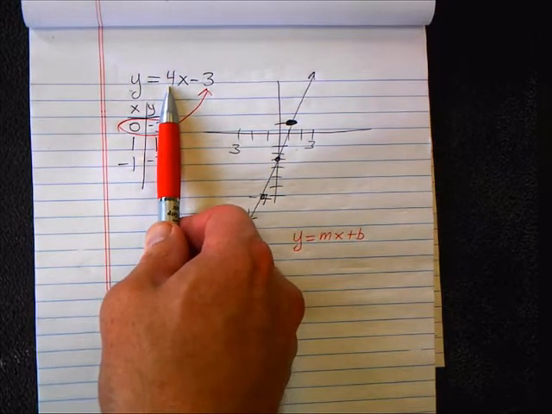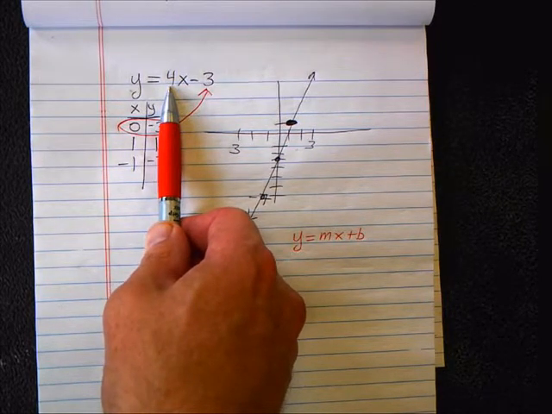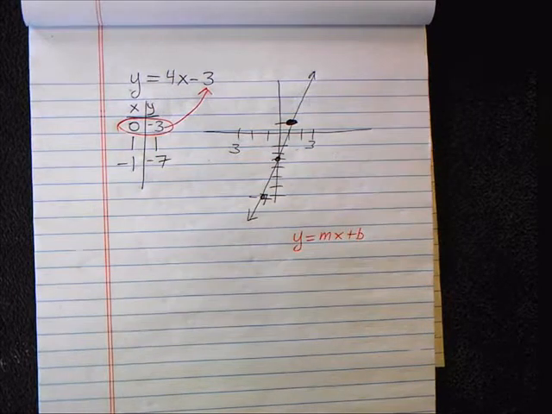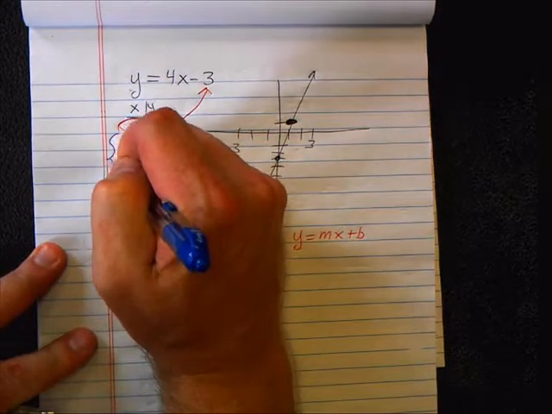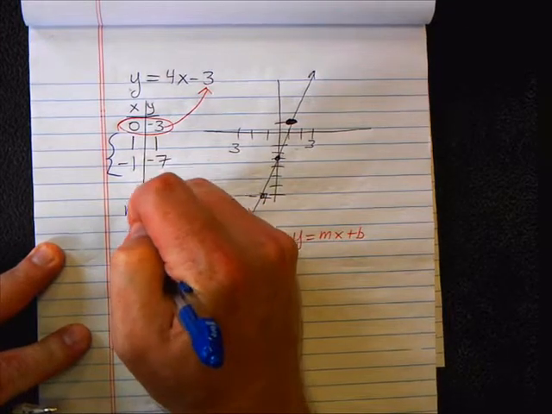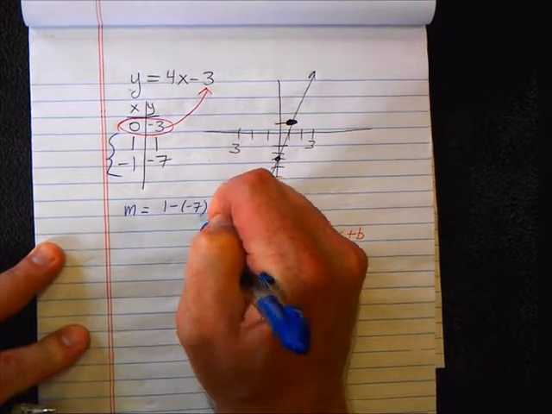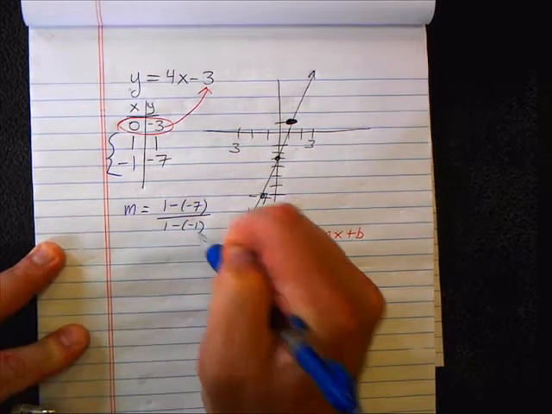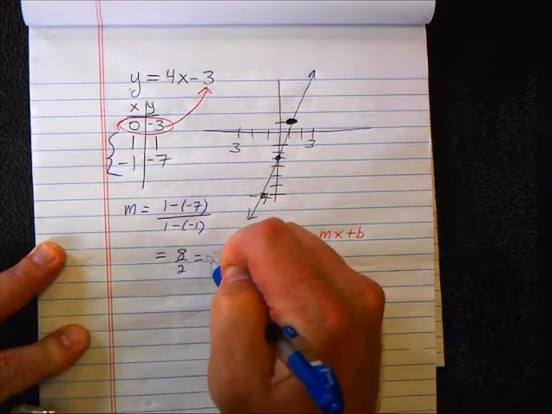This number 4 happens to be something very, very important. What's that number 4? It happens to be the slope. Let's just check that to make sure. I'll use these 2 points to find the slope. So m is 1 minus negative 7, y2 minus y1, over 1 minus negative 1. That gives me 8 over 2, which is 4.